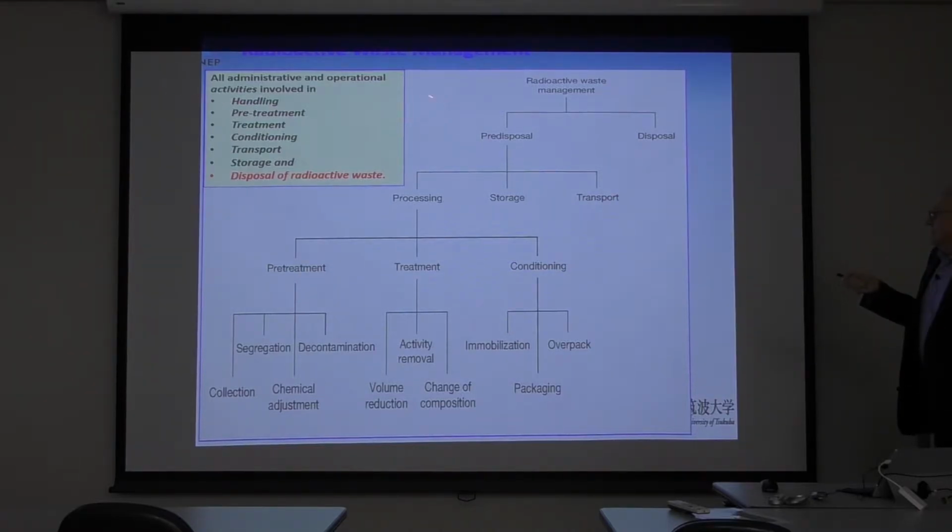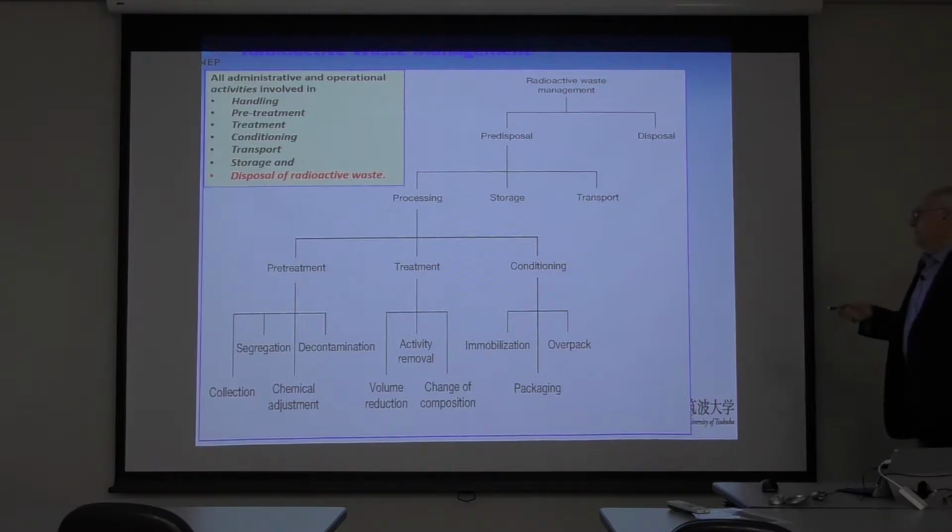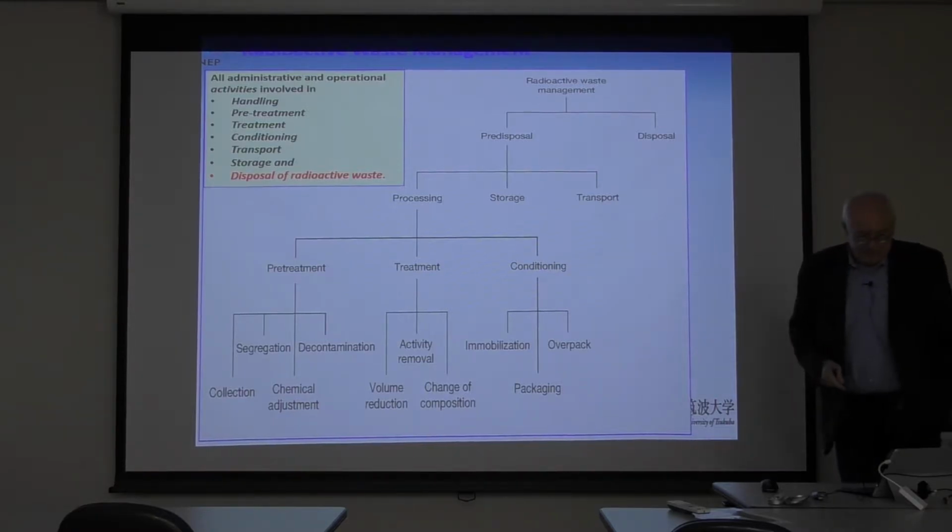And these are all administrative and operational activities which are involved in handling, pre-treatment, treatment, conditioning of waste, its transport, the storage, and finally also the disposal of radioactive waste. So this disposal is the last and very important activity of a long list of activities in between.